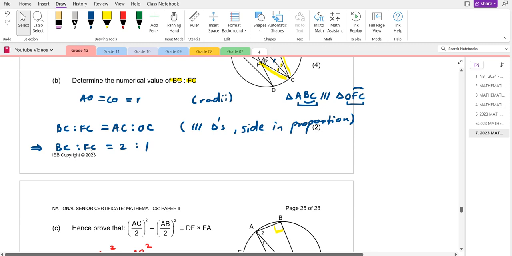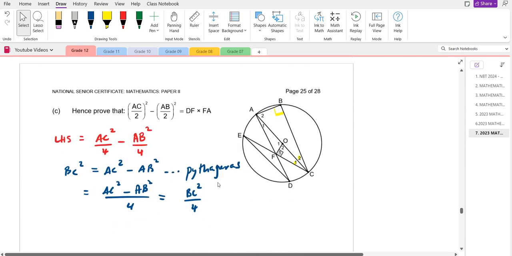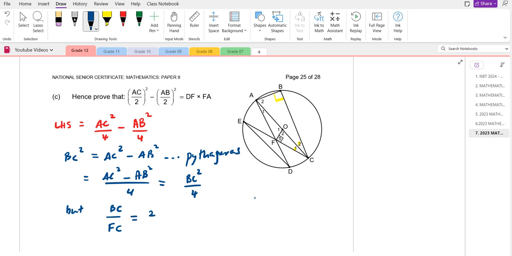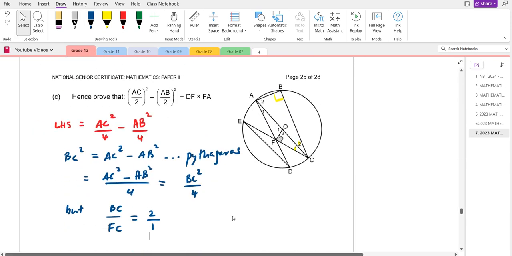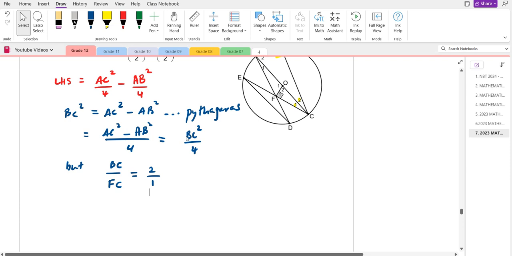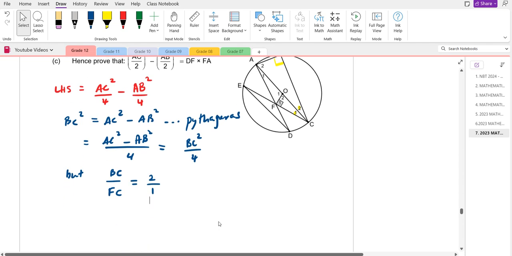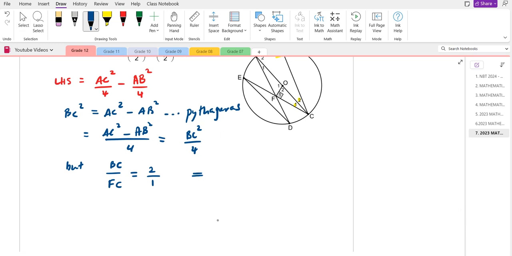But now remember, BC to FC is 2 is to 1. We're trying to simplify, so substitute this from part B. BC to FC is 2:1. Then we can replace BC with FC.